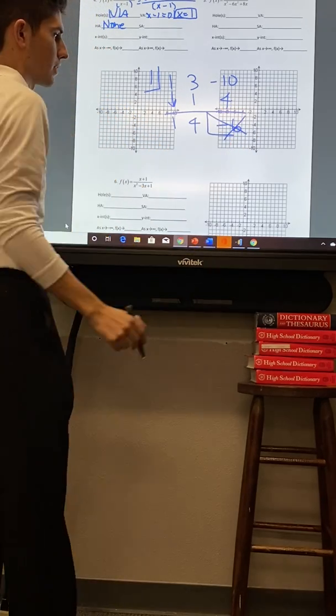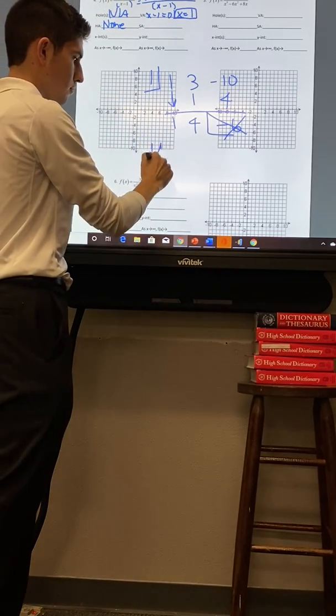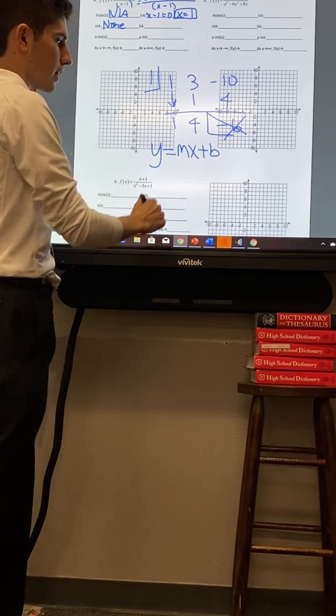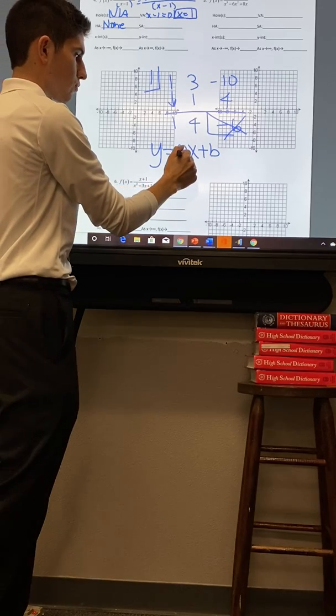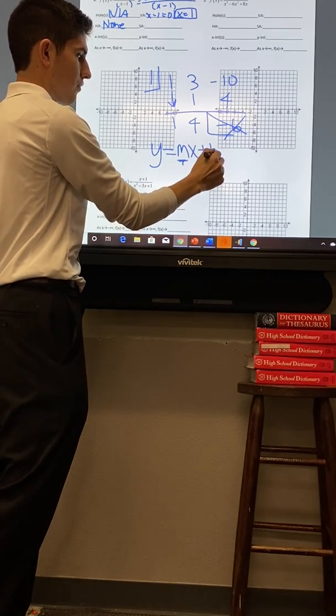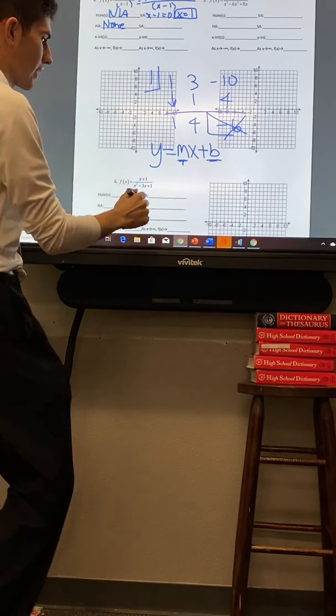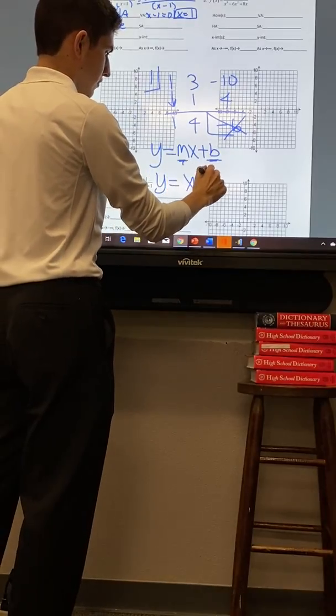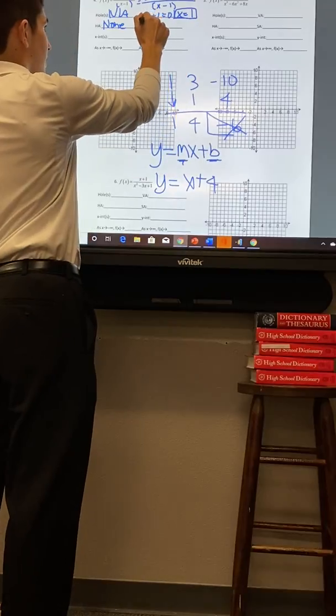We don't care about our remainder. We write it in the form of y equals mx plus b, which is just a linear line, right? This is your rise over run, and this is how far you shift up or down. So I have y equals x plus 4, and that is my slant asymptote.